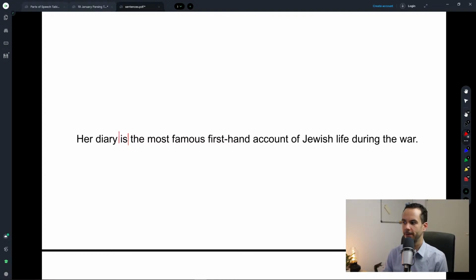So her diary is in this case the subject. Is of course our verb phrase. And is what kind of verb? Well, it combines something and something else. So that means that is in this case a copula. And because is a copula, the other part is our subject complement, or our subject attribute.